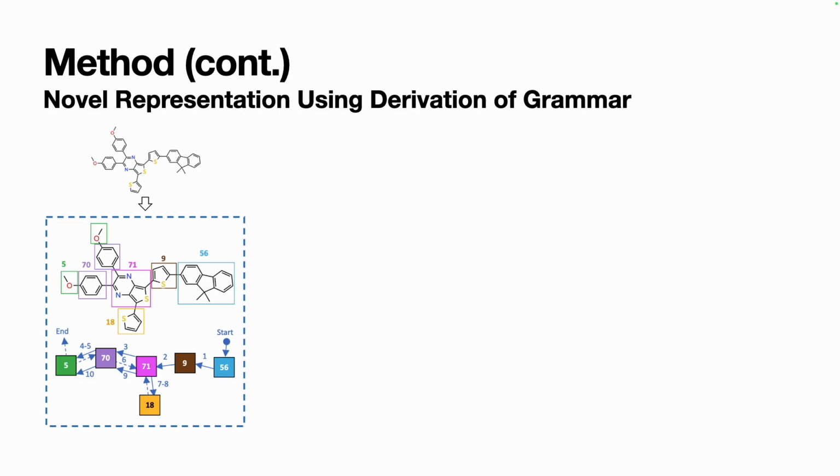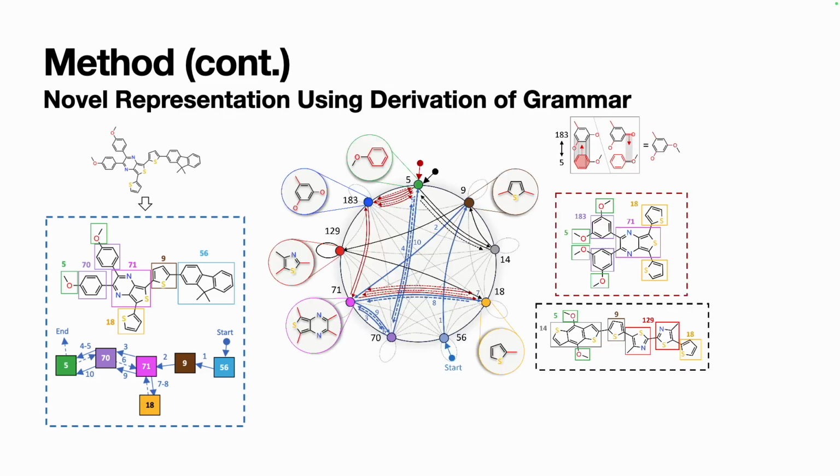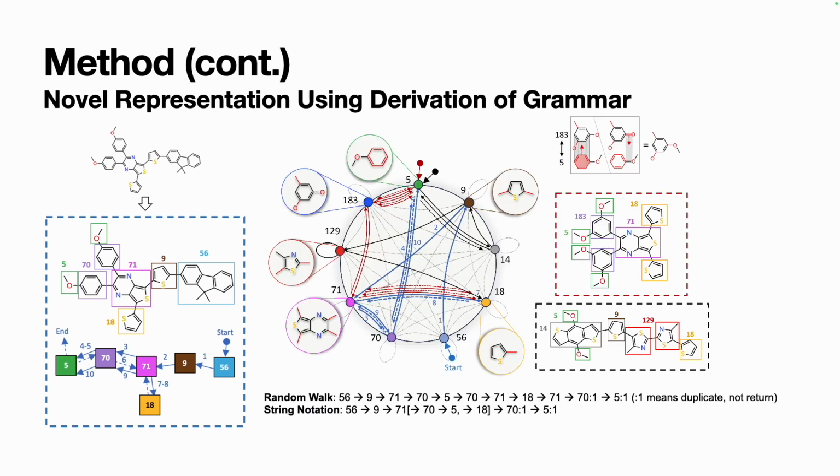In this example, we see the random walk for this molecule begins at motif 56, then proceeds left to 9, left to 71, up to 70, up to 5, down to 71, down to 70, down to 71, down to 18, up to 71 again, left to 70, and left to 5. Note that we use a colon to differentiate a new duplicate from a revisit.